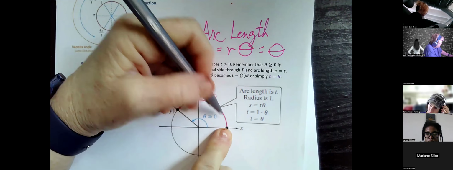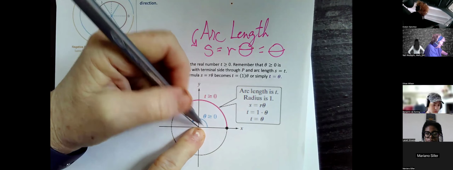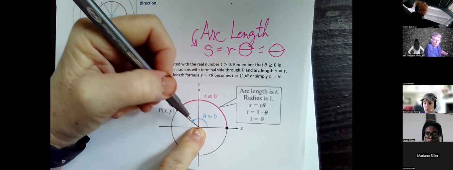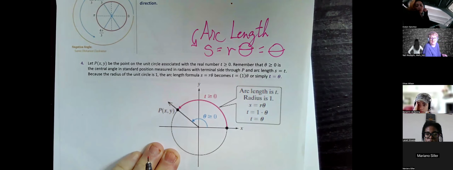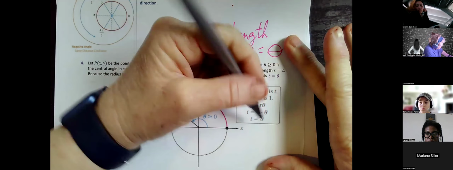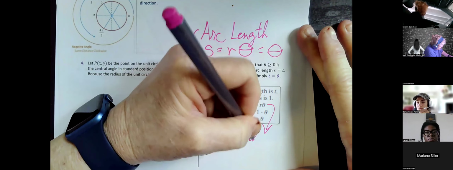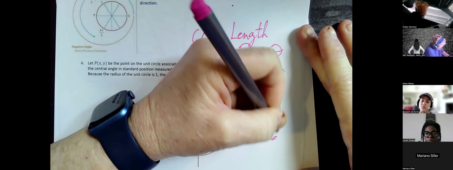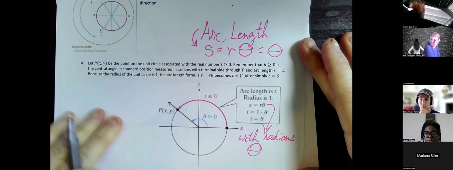So the distance around and the central angle match. And that's when everything is in radians. So this formula only works with radians. So, radian measure of theta.